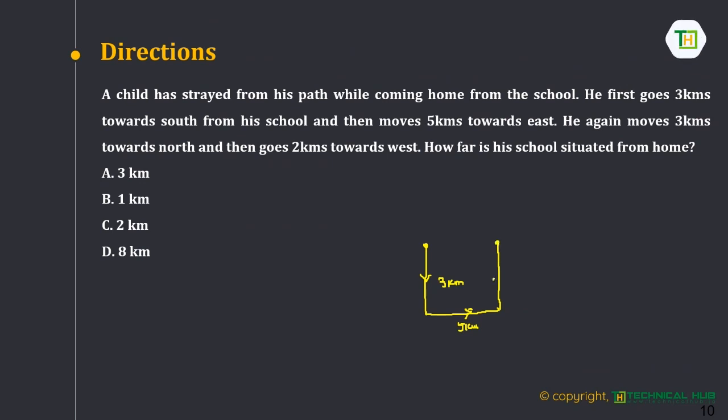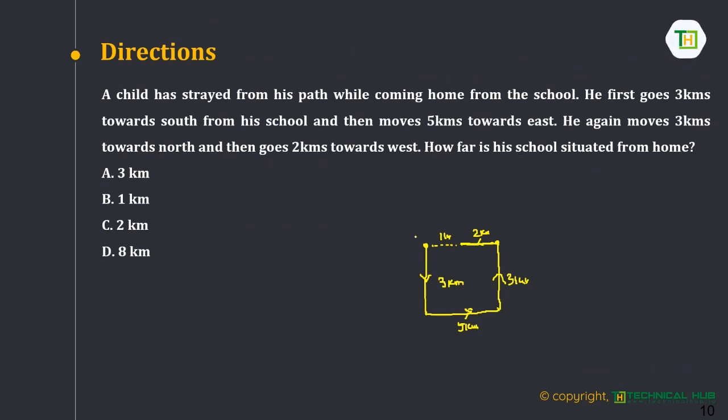And then he goes 2 km towards west. So this is the 2 km. Totally 3 km, so the remaining is 1 km. How far is the school from home?